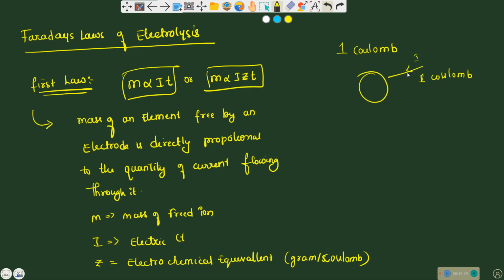Okay, that is nothing but the electrochemical equivalent. So this electrochemical equivalent is measured by what? Voltmeter. Remember this. Okay, what is the unit? Grams per coulomb.